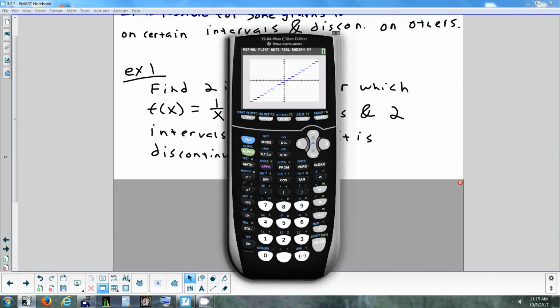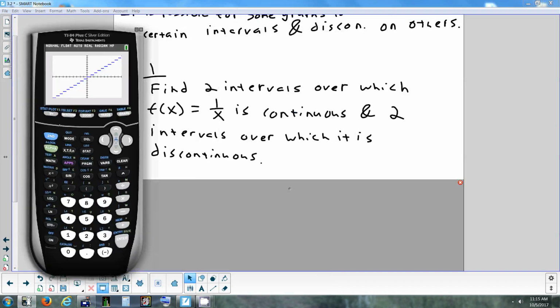Okay, so the graph is 1 divided by x. Now, obviously, in this one, you can't plug in 0 for x because you divide by 0. So something weird is happening as you get close to 0.